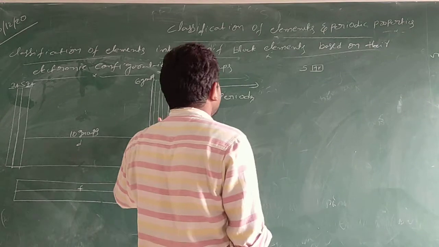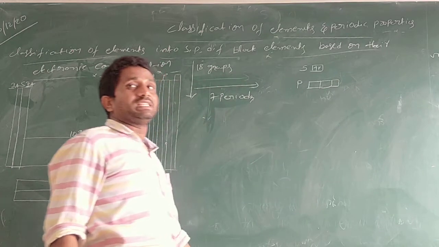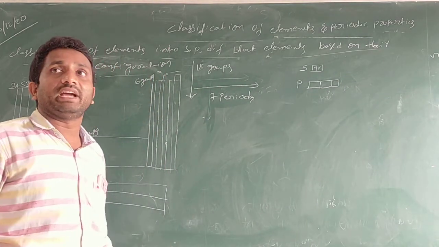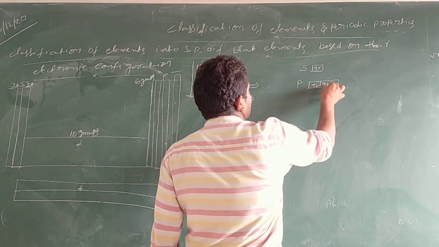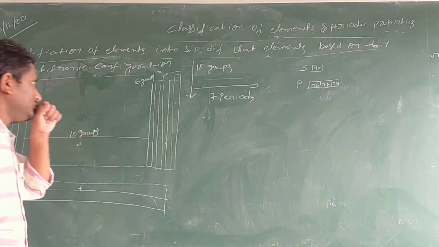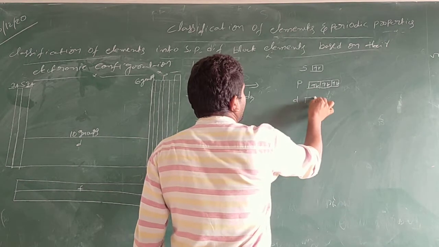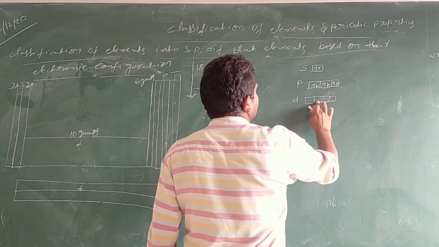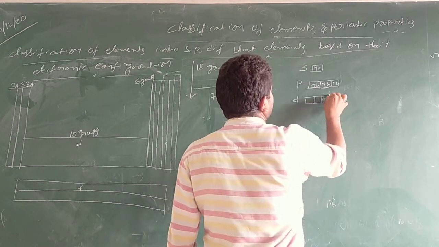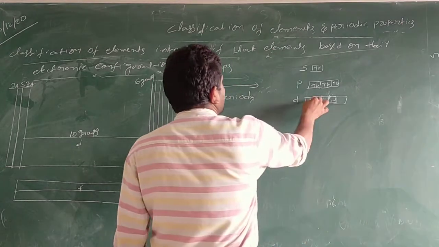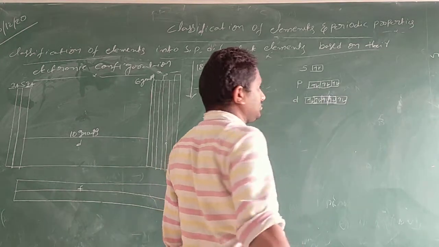And P block contains 6 groups. The p subshell contains 3 orbitals, and 3 orbitals accommodate 6 electrons. So p block contains 6 groups, and D block contains 5 d orbitals. 5 d orbitals accommodate 10 electrons.